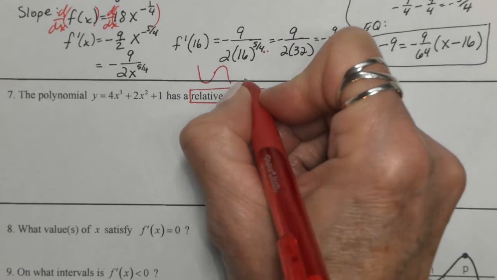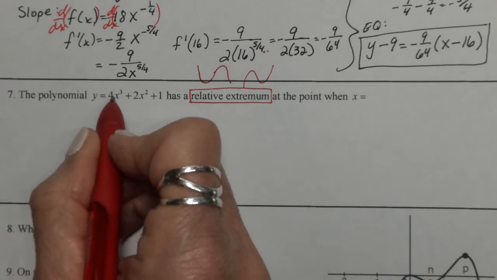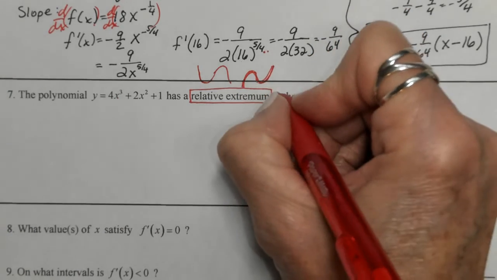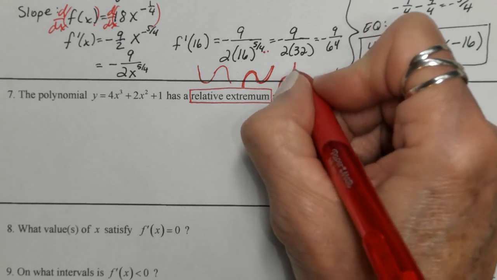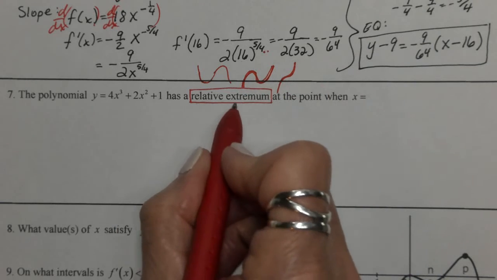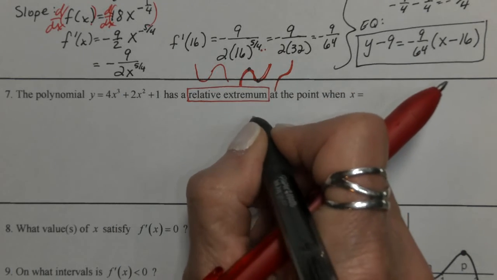This is a cubic with a positive lead coefficient, so this cubic looks like that. Or it could look like this. A relative max would be at this point, a relative min would be at this point.